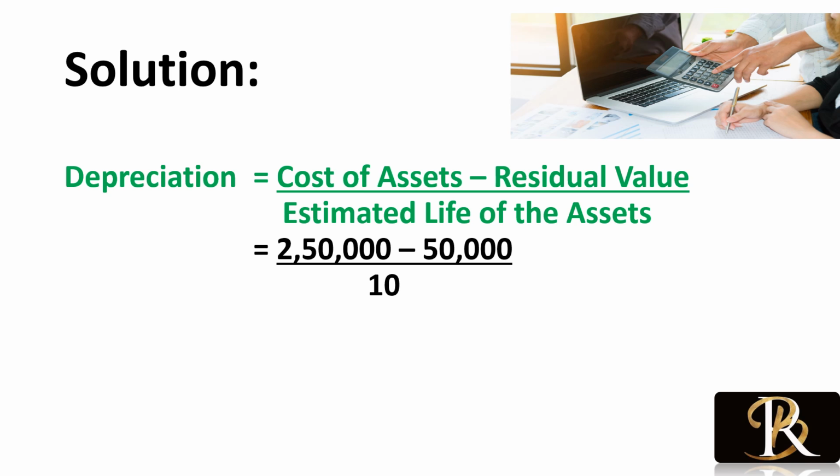So if we put all the values in the formula, we get 2,50,000 minus 50,000 divided by 10. If you are going for the next step, then 2,50,000 minus 50,000 is equal to 2 lakh. So in the second step, we have 2 lakh divided by 10. If we divide the 2 lakh by the 10, then we get rupees 20,000. So according to the straight line method, the amount of depreciation is 20,000. So it is easy to calculate.